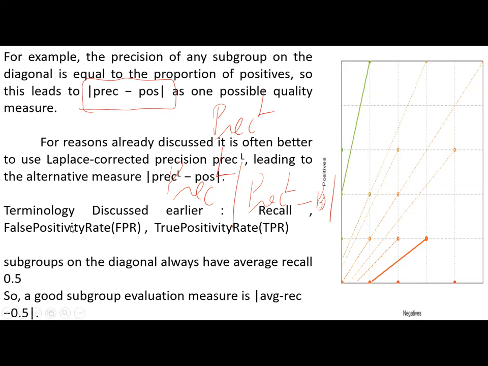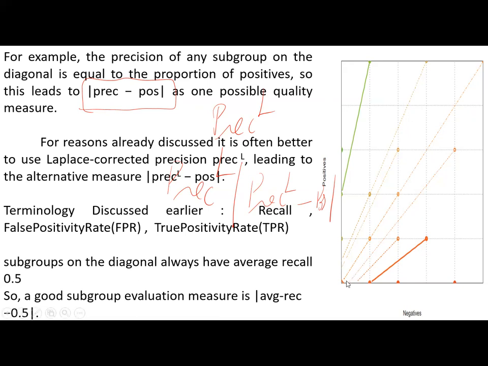Now let us recall some measures of purity or impurity we discussed in chapter 3: FNR, false negative rate, FPR, false positive rate, TPR, true positive rate, TNR, true negative rate.